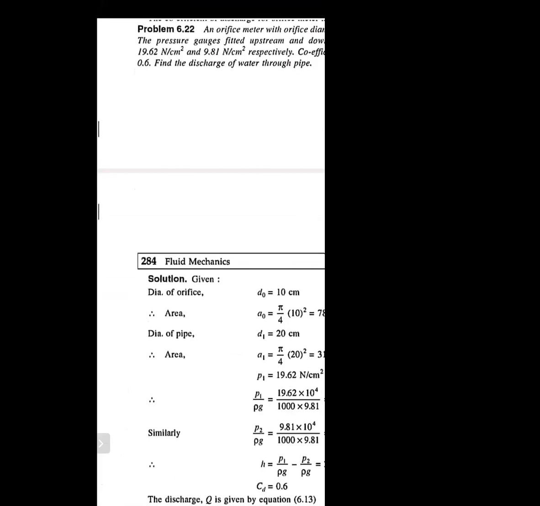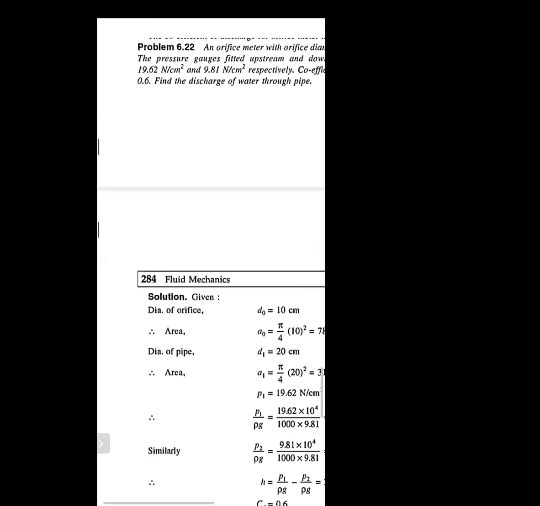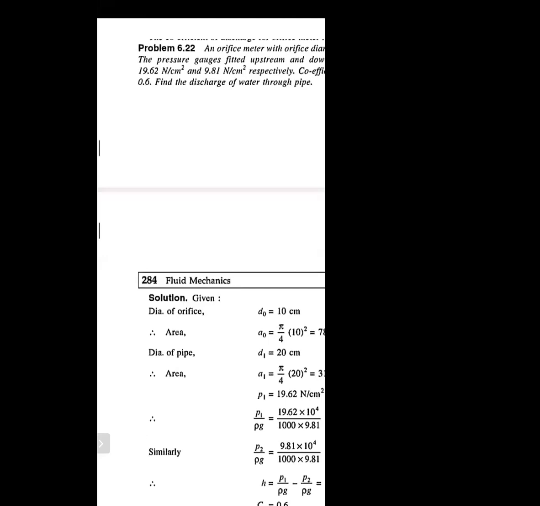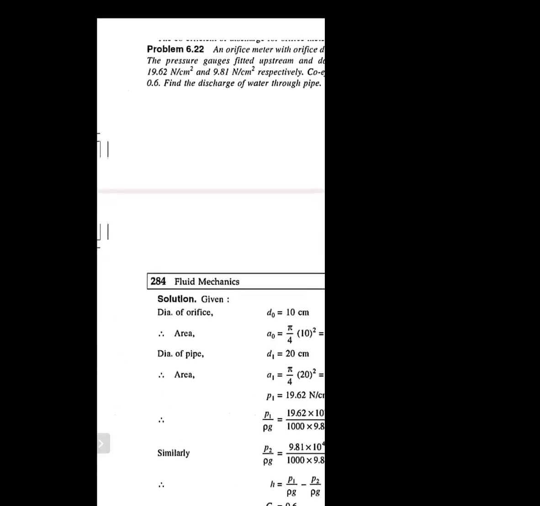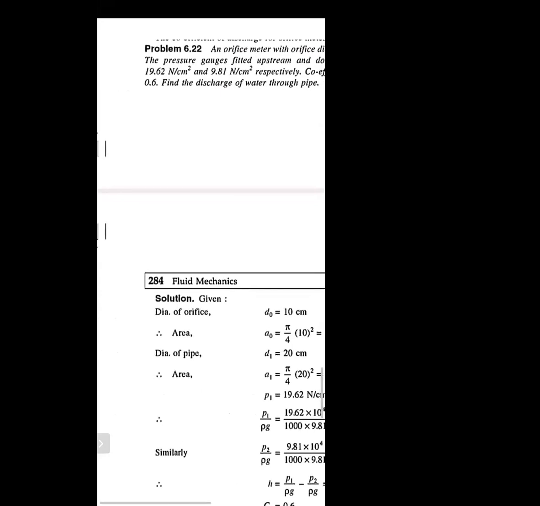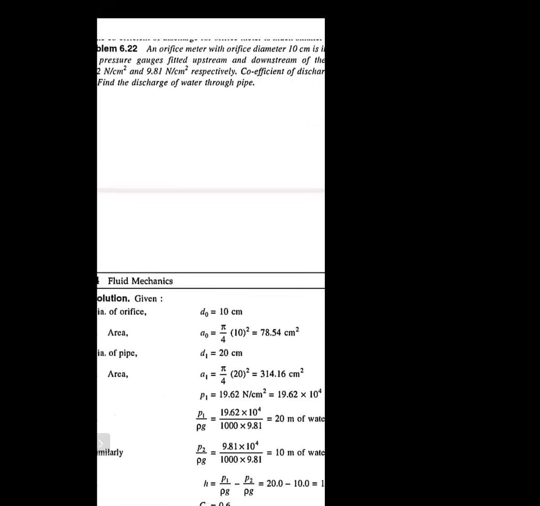Here gauge pressure is given, which means only the values of pressure are given, 19.62 and 9.81 respectively. The coefficient of discharge of the orifice meter is given as 0.6. CD is 0.6. Find the discharge through that pipe.